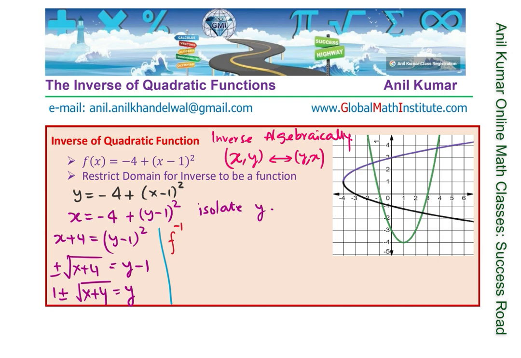I'm not using x here because it is not a function. It is 1 plus or minus the square root of x plus 4. Now that is plus and this is minus. So the equation for the lower half is 1 minus the square root of x plus 4. That is 4, not y.